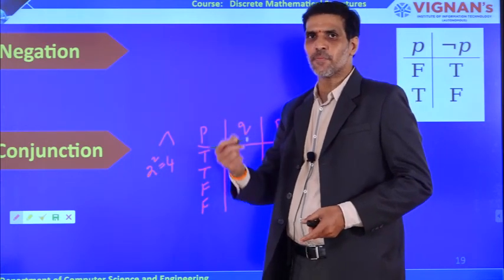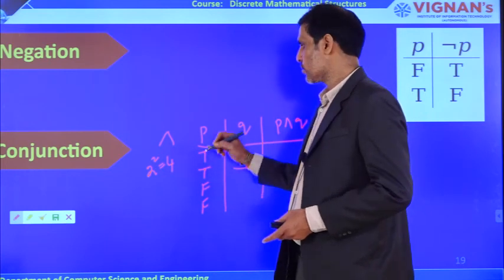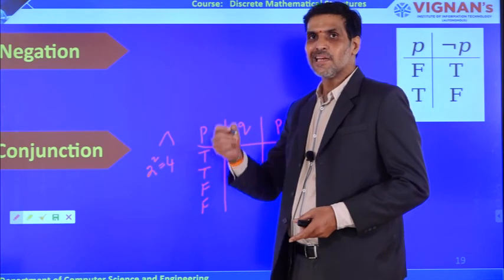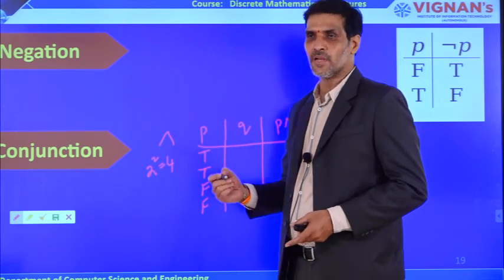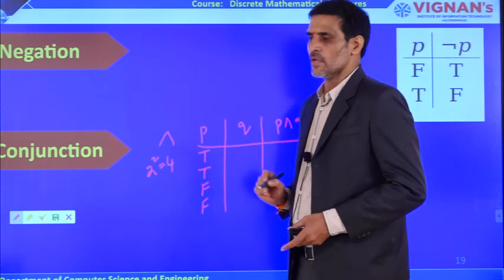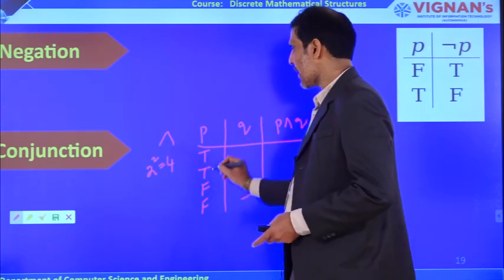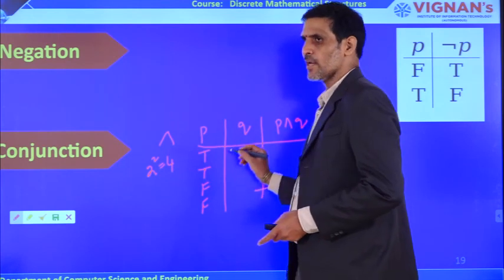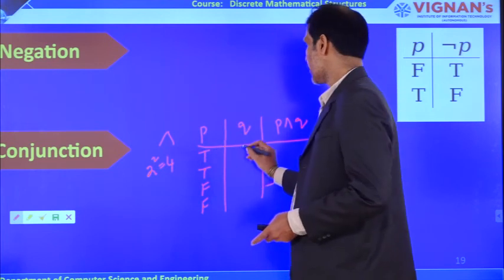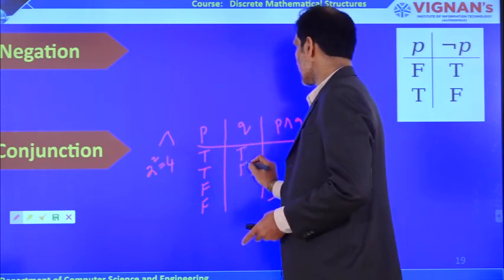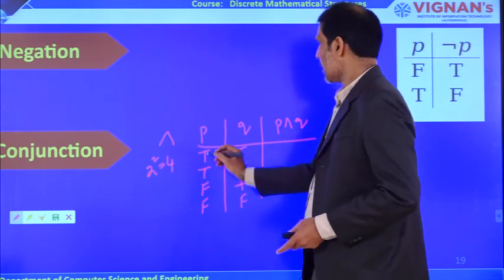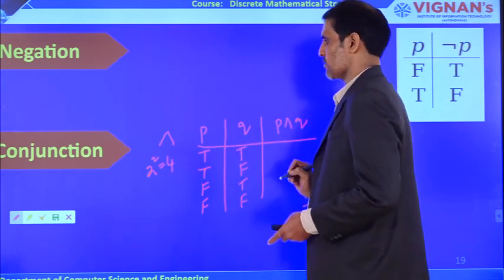If you miss any truth value of any propositional variable, or write it incorrectly, then the entire truth table will give you wrong information. Therefore you have to mention the truth values for each propositional variable correctly in the truth table. So I am going to take true, false, true, false.